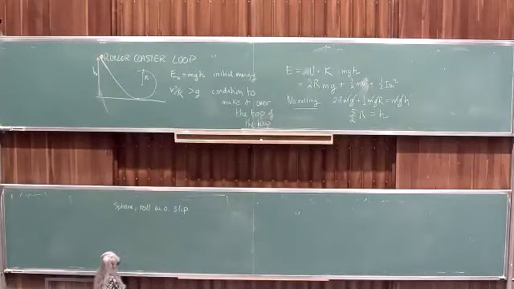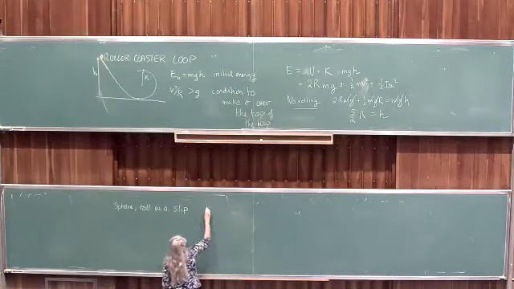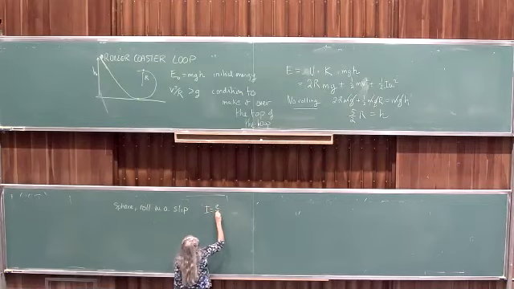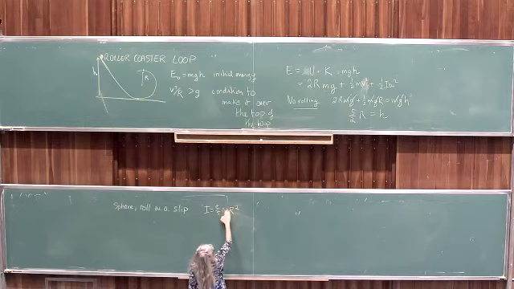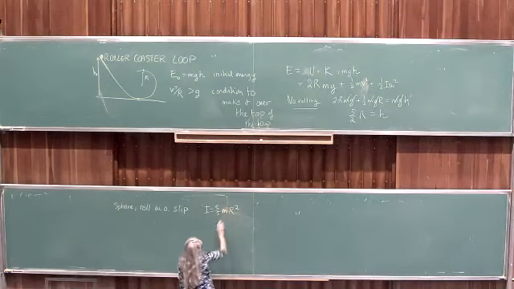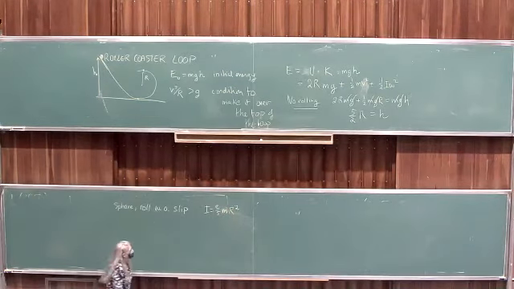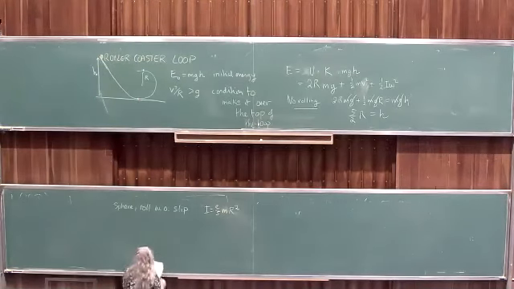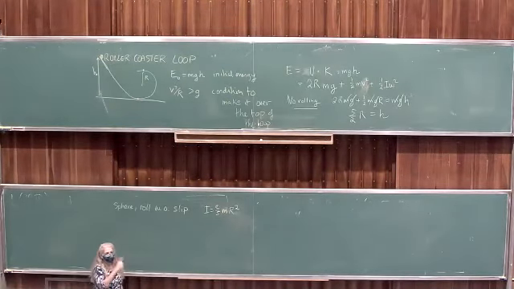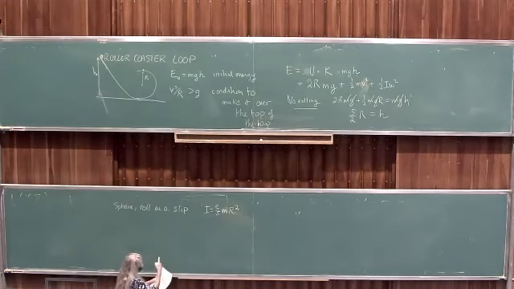So with a sphere, I is 2/5 m r squared. That's the equation for the moment of inertia for a sphere. The sphere, it doesn't matter which direction the axis goes, because of symmetry.